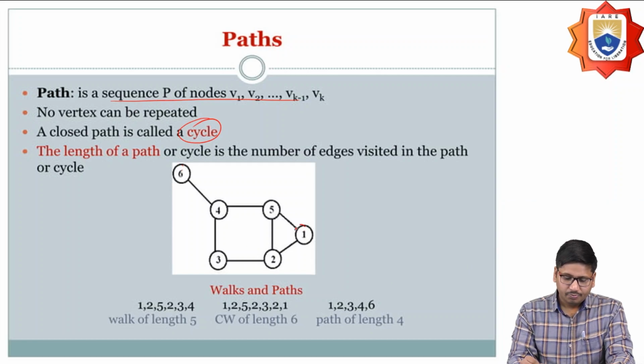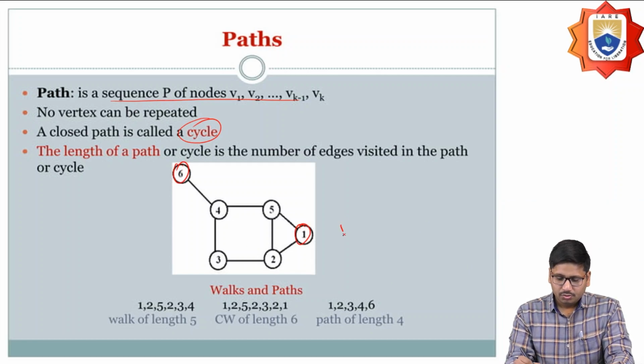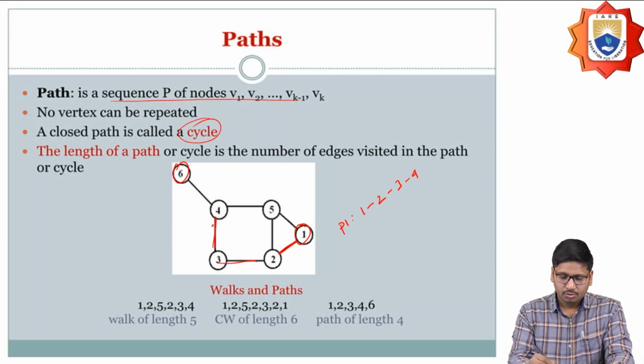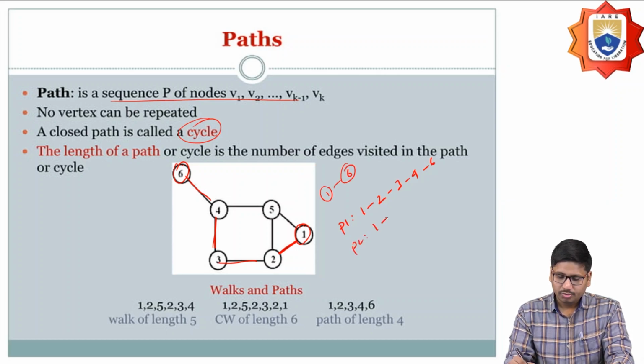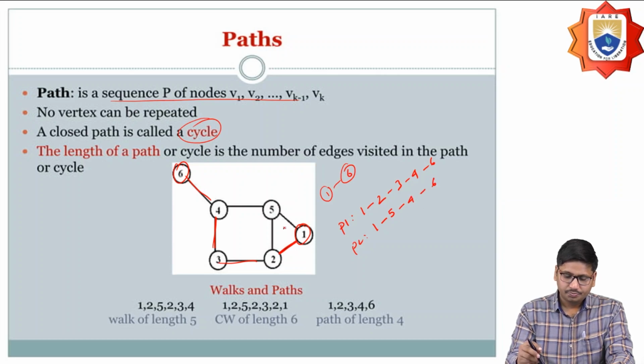So what is the path from 1 to 6? P1 equals 1 to 2, 1 to 3, 3 to 4, and 4 to 6. This is one of the paths. Similarly, I am able to construct one more path from 1 to 6: 1 to 5, 5 to 4, 4 to 6.